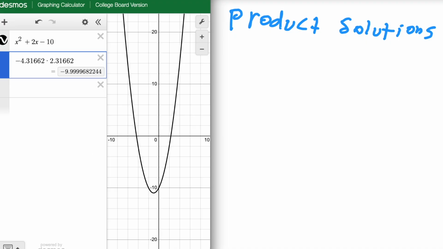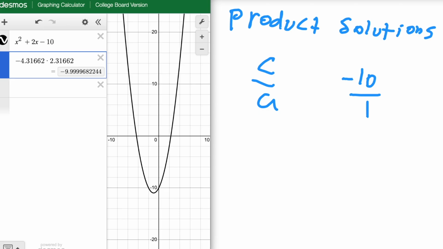The shorthand for the product of solutions is c over a, which once again is from ax squared plus bx plus c, where this one right here is c and this one right here is a. So it would just be -10 over 1, which is -10, what this would be rounded. This is the exact one because it is graphed with the exact points, not rounded, and this is just rounded, but they would accept this because it's the same thing rounded.